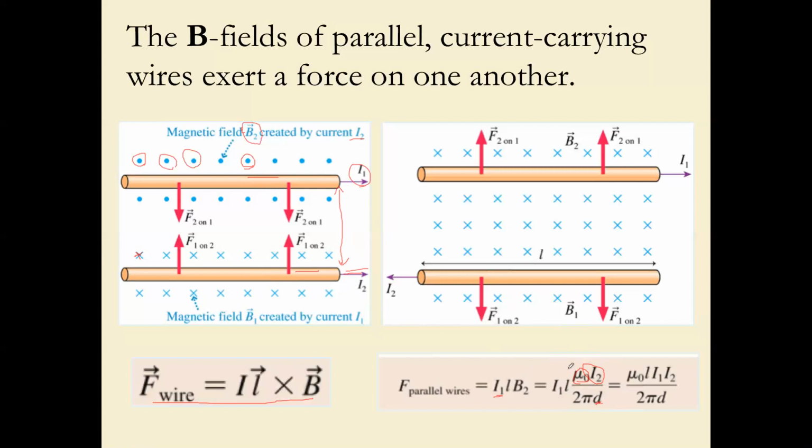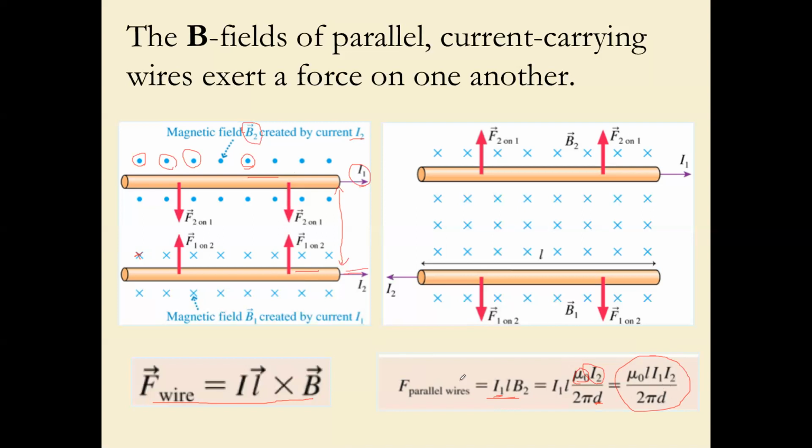So once you rewrite this equation, the force on wire 1 due to the second wire will be equal to mu0 L I1 I2 over 2 pi d. If you apply the same formula for the second wire, you will get the same equation as a magnitude.